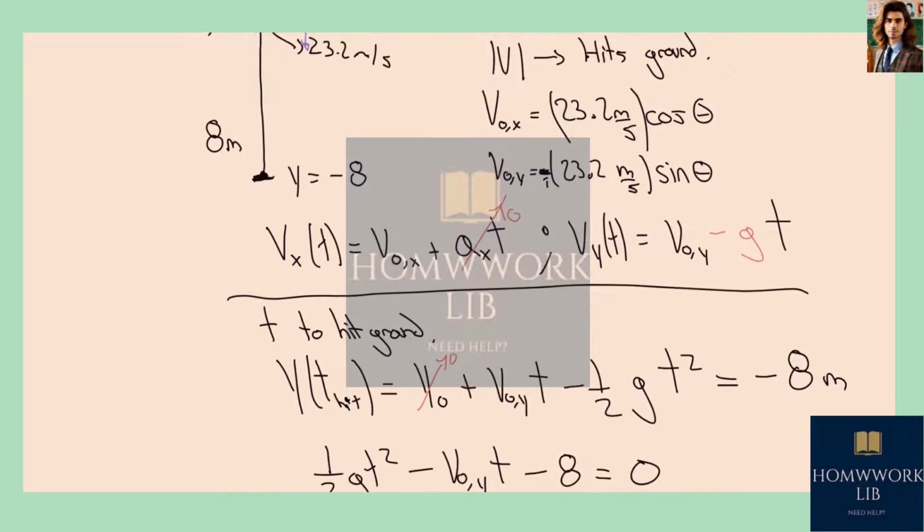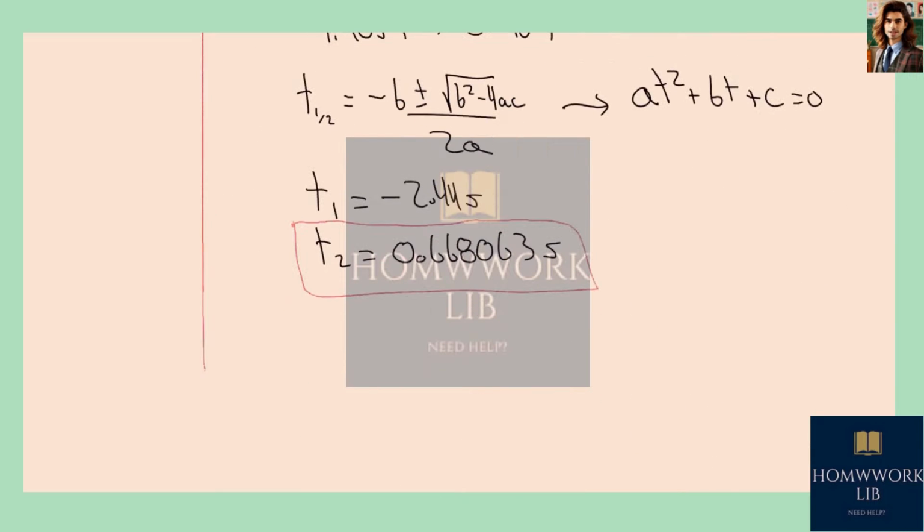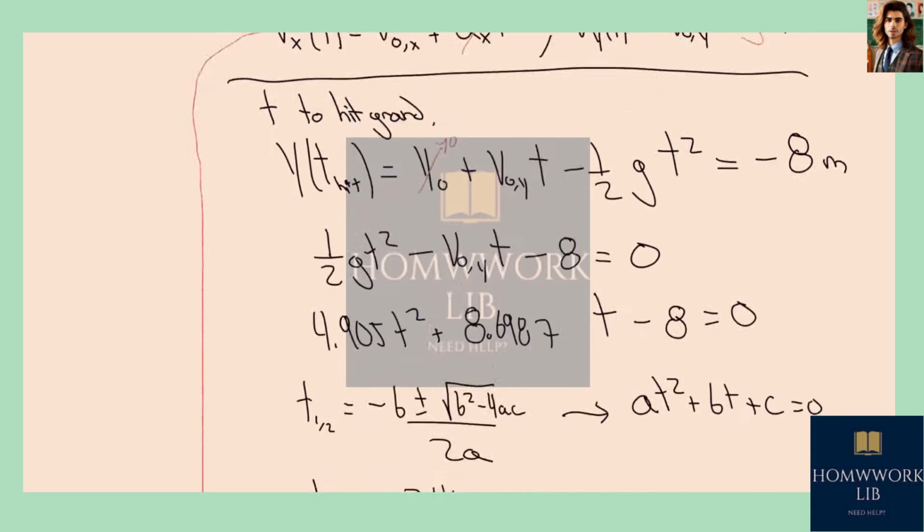So now we can go back to our equations for velocity. So the velocity on x, as we said, is going to be directly the initial velocity.